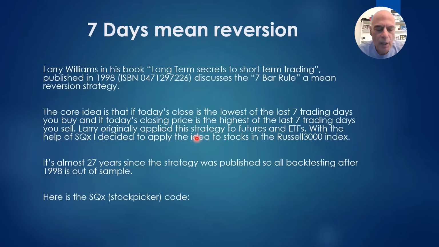Okay, let's discuss now the third and final strategy. Larry Williams published a classic titled Long-Term Secrets to Short-Term Trading, back in 1998. One of his mean reversion strategies was the 7-bar rule.